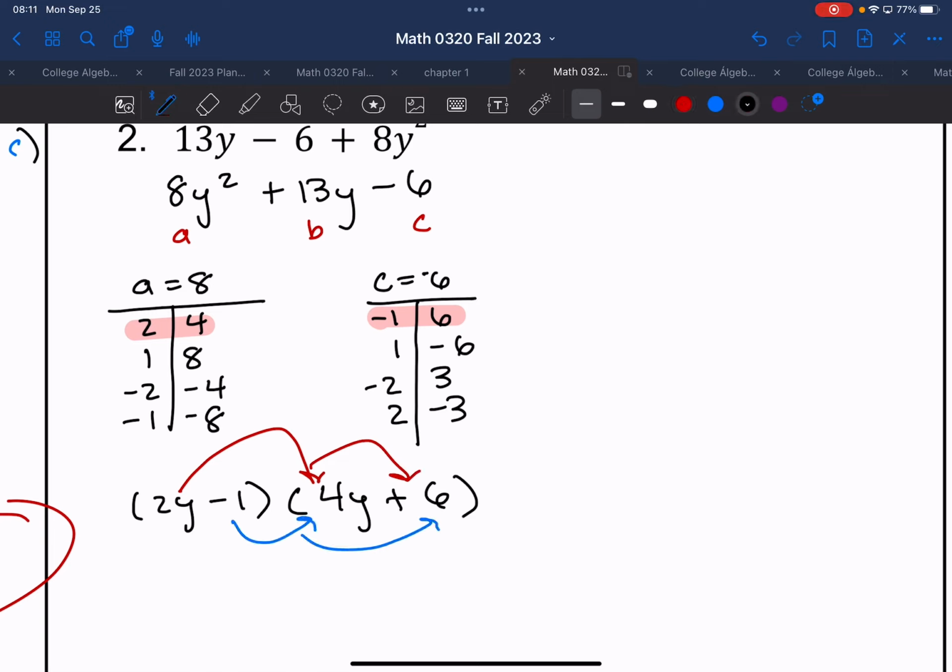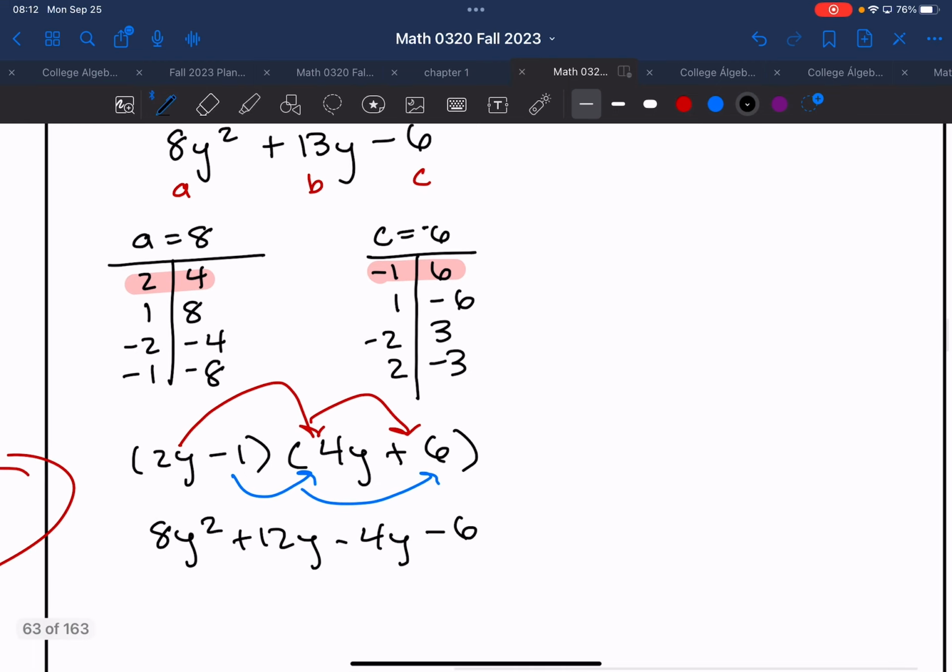Okay. So that means I'm going to distribute that 2y first. So 2y times 4y is 8y squared. So far, so good. 2y times 6 is going to give us a 12y. Negative 1 times 4y is a negative 4y. And negative 1 times 6 is negative 6.